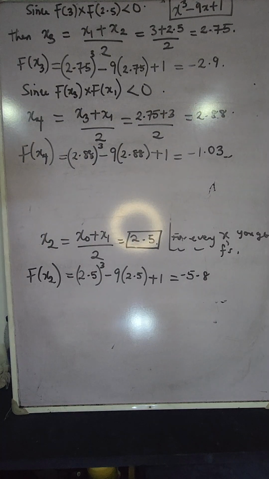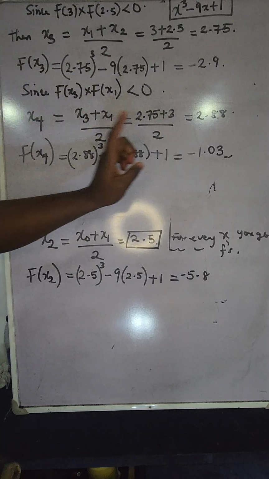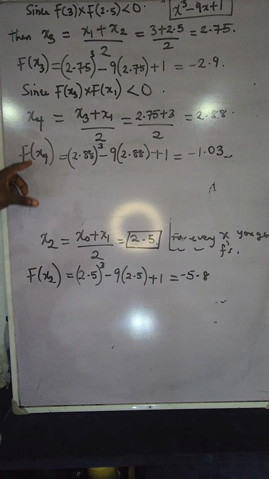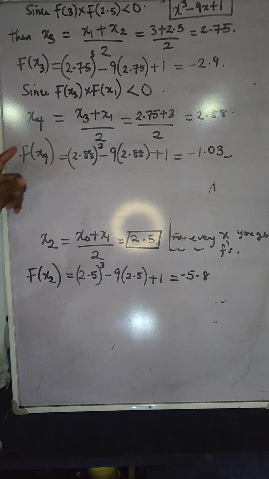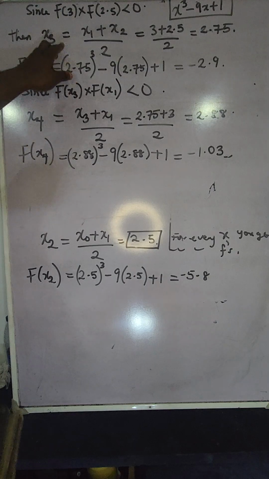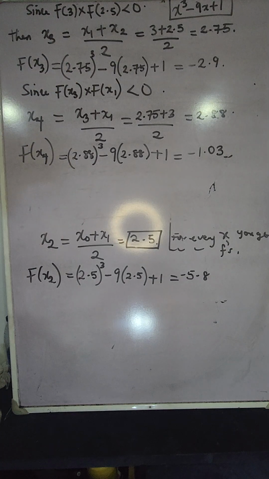So what was the last person that gave you a positive? F of who? That's the question you ask yourself. F of who gave you a positive that you can use to counteract this f of x4? The answer is x1. F of x1 gave you.